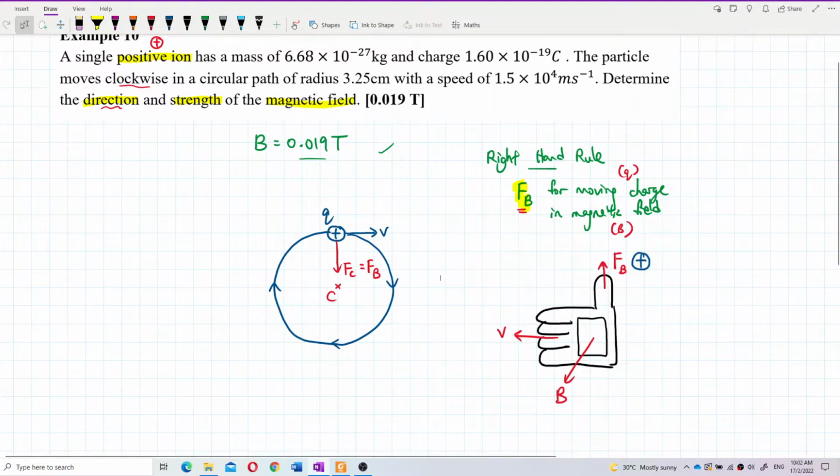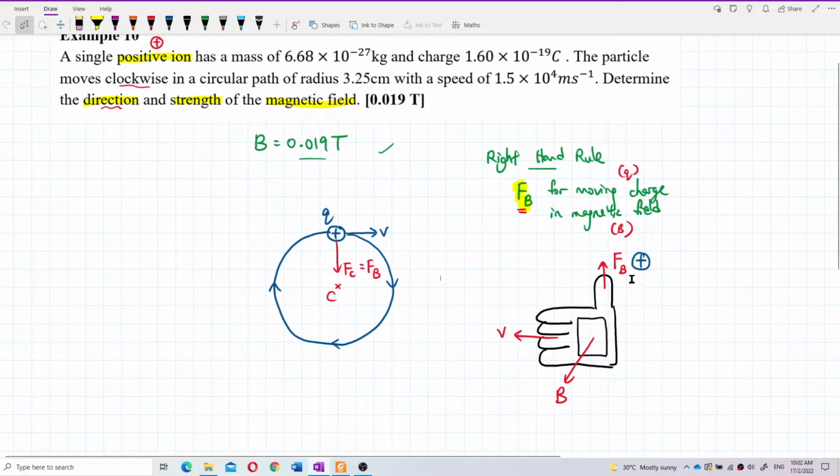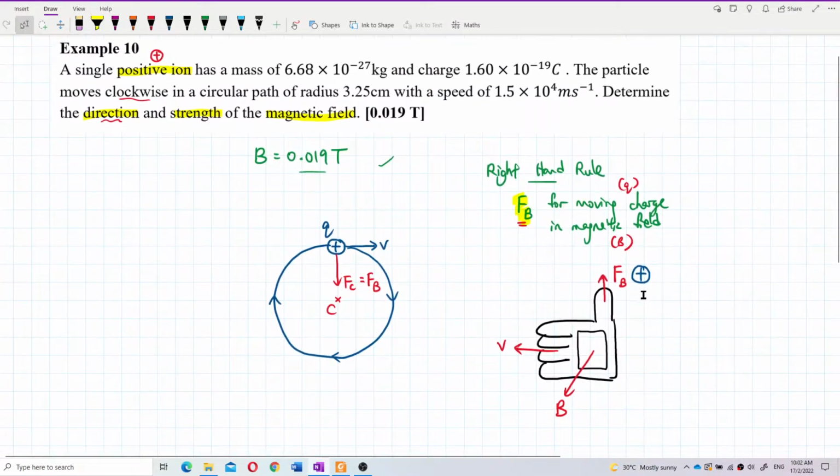Because this is a positive charge, the magnetic force follows the thumb. But if it is a negative ion or negative charge, then the direction of the magnetic force is opposite the thumb.